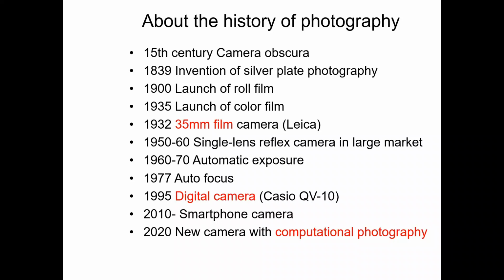At that time, the film is something I think most of you don't know anymore, because you are the digital generation. So maybe you only know the digital camera, but maybe your father or mother know the film camera, and if you ask them, you will see some film cameras.